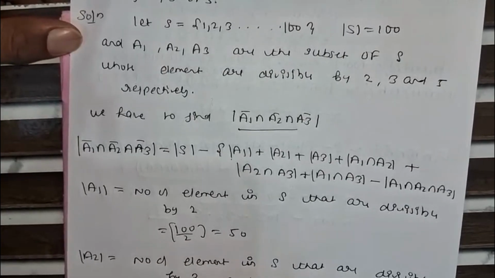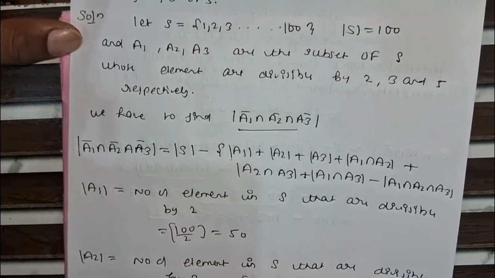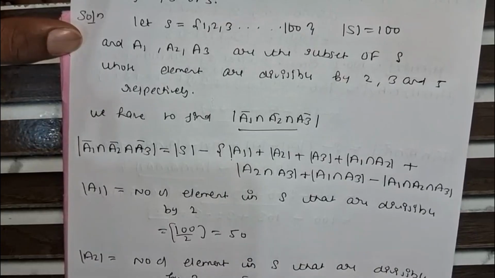So 100 divided by 3 equals 33.33. We can consider it as 33.